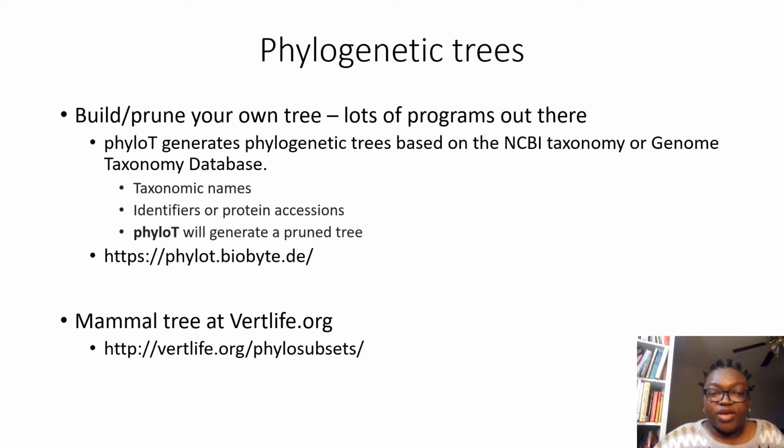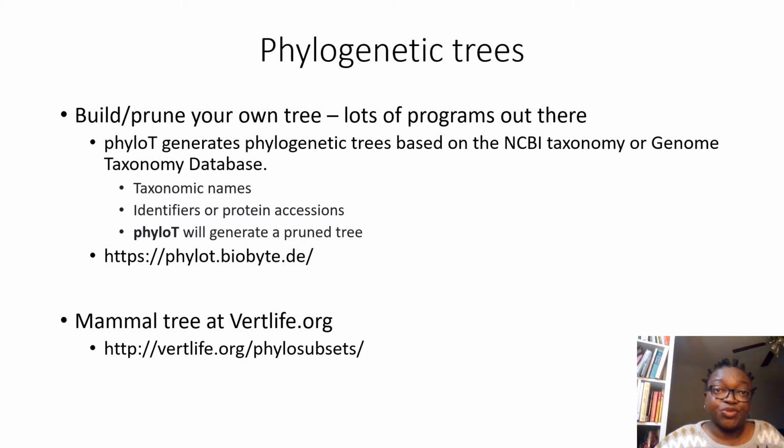And the way VertLife works is that you put in a couple of species that you want and you set up the parameters, a couple, 3, 4 things, put in your email, and within 10 minutes, sometimes you get a response, depending on the size of the tree, obviously, and I guess traffic to the site.